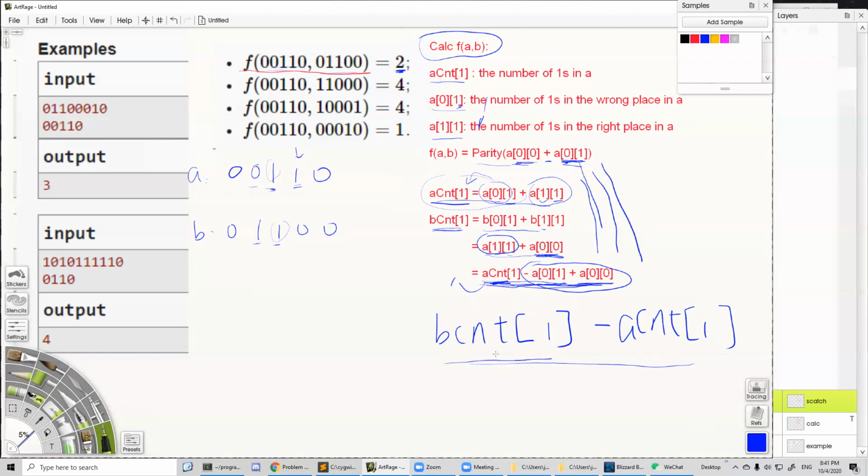So this guy is the number of ones in B, and this guy is the number of ones in A, right? We can also change this operator to a plus, right? They will have the same parity we explained before. So the original question is simplified.